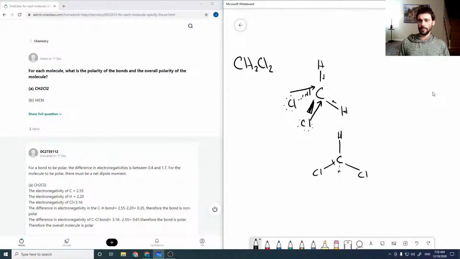And these are now coming out of the board because I've rotated the molecule. So if we look now, we can see that we're going to get a net dipole in that direction.